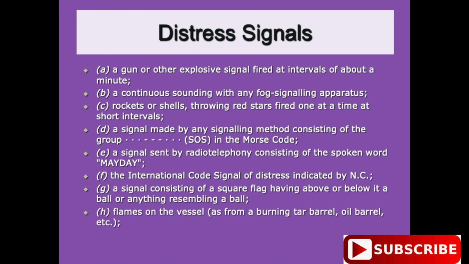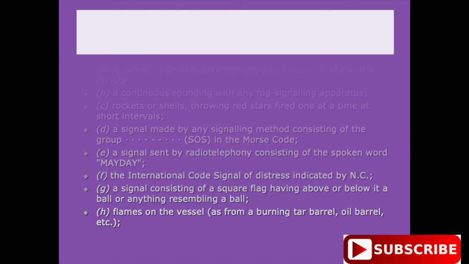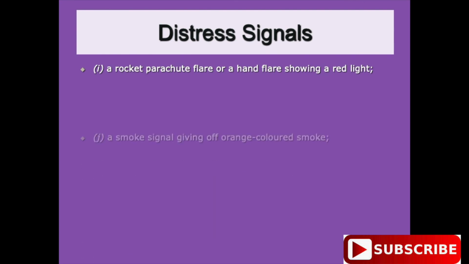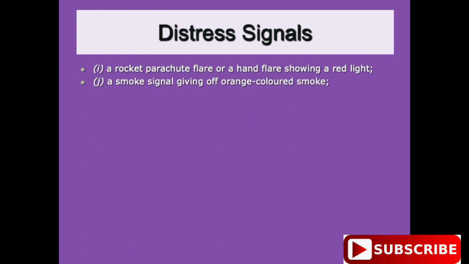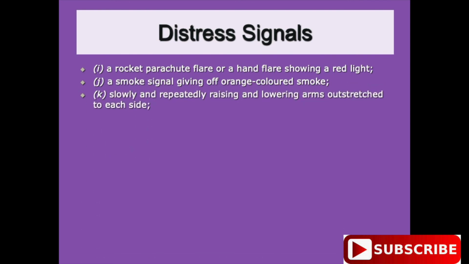Flames on the vessel, as from a burning tar barrel, oil barrel, etc. A rocket parachute flare or a hand flare showing a red light. A smoke signal giving off orange-coloured smoke. Slowly and repeatedly raising and lowering arms outstretched to each side.